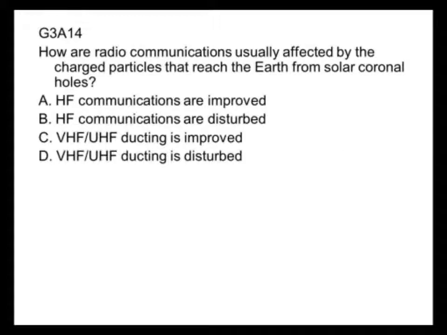How are radio communications usually affected by the charged particles that reach the Earth from solar coronal holes? The charged particles generally cause disruption of high-frequency communications. The coronal mass ejection of particles causes a disruption of high-frequency communications.